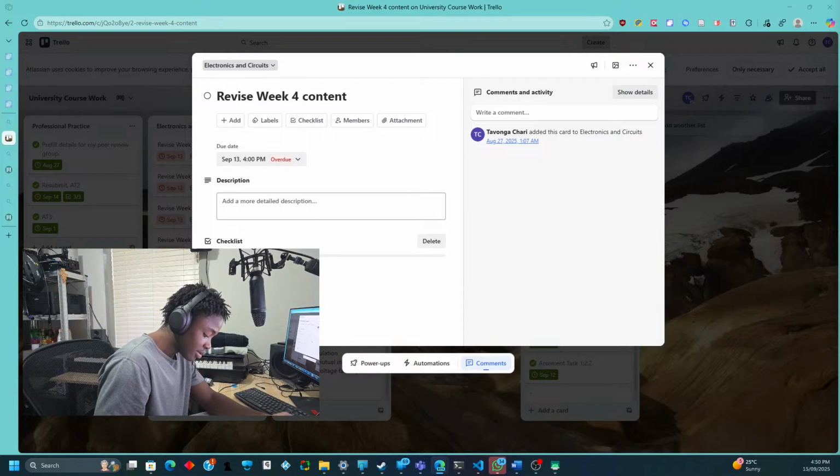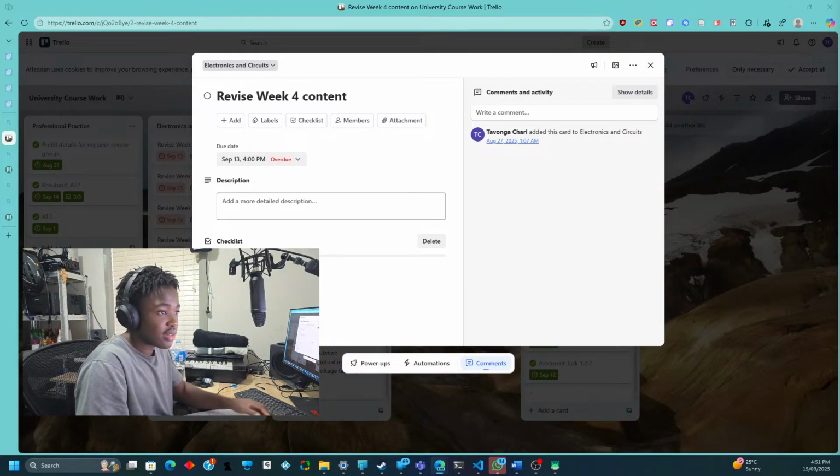Moving terms, so we have 255 VA is equal to 1800. VA is equal to 1800 divided by 255, which is equal to 7. Now that's not the right answer.